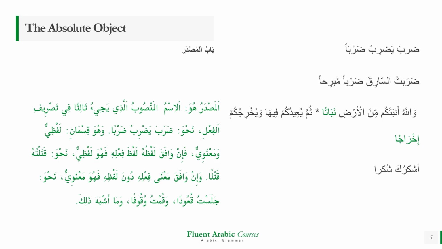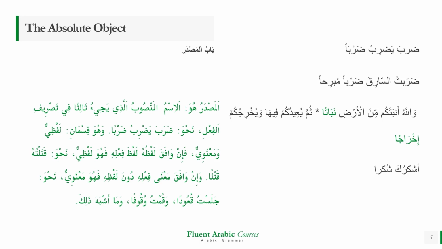المصدر هو الاسم المنسوب الذي يجيء ثالثا في تصريف الفعل. What does this mean? So when we list out the forms of a verb, usually we say ضرب يضرب ضربا.